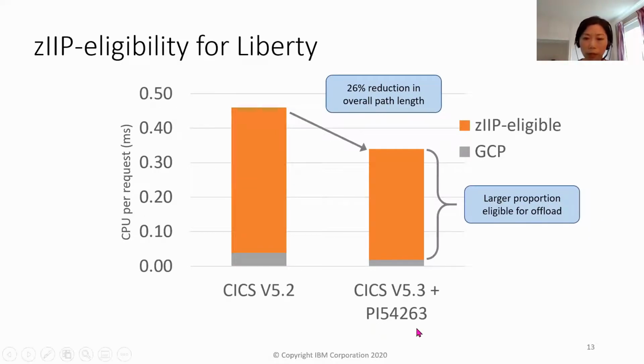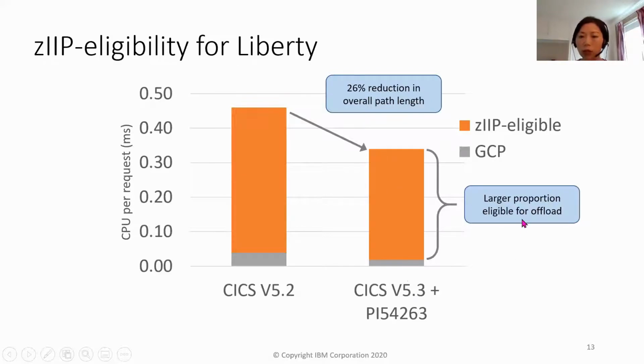So we compared 5.3 with this APAR enabling this functionality, against 5.2 CICS. As you can see, the CPU per request in milliseconds has reduced significantly from around 0.45 to 0.34, so it's quite a lot of decrease.